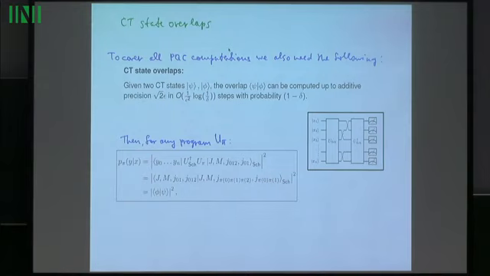What we would like to know is that computing overlaps of two computationally tractable states is still efficient, because states could be computationally tractable for different reasons, and we would like to know whether there is an algorithm that computes these inner products, these overlaps, efficiently. And again, Van den Nest gives a prescription of how to do this, and there is an algorithm that's polynomial in epsilon and delta that computes these overlaps efficiently.